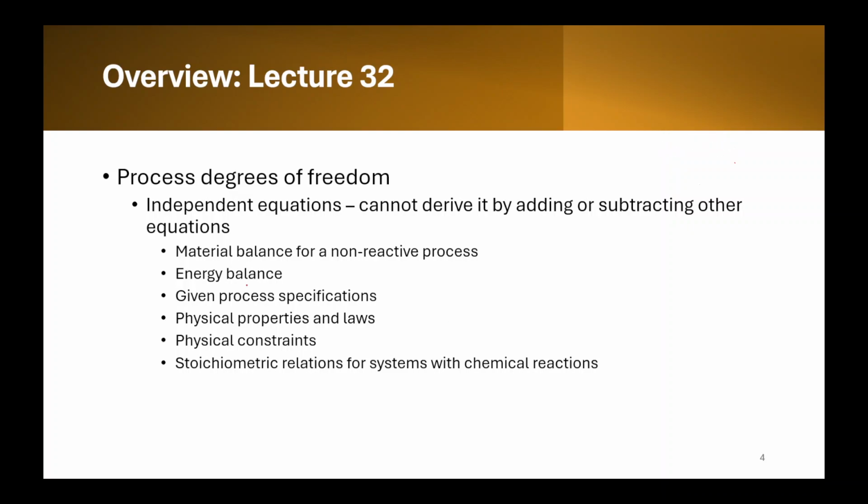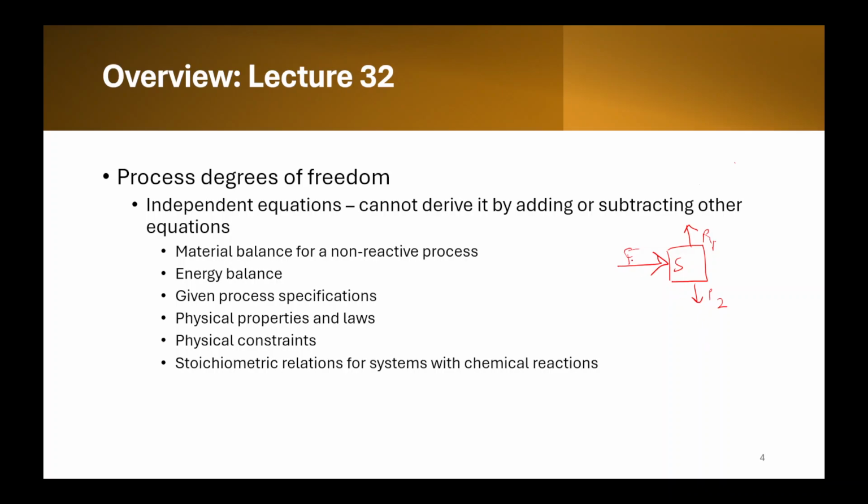So these independent equations can be material balances for a non-reactive process. Suppose this is a unit for a non-reactive process, a separator, and it is giving us two streams, and this is the feed. This is P1, this is P2. So whatever the overall material balance or the component material balance will be there.